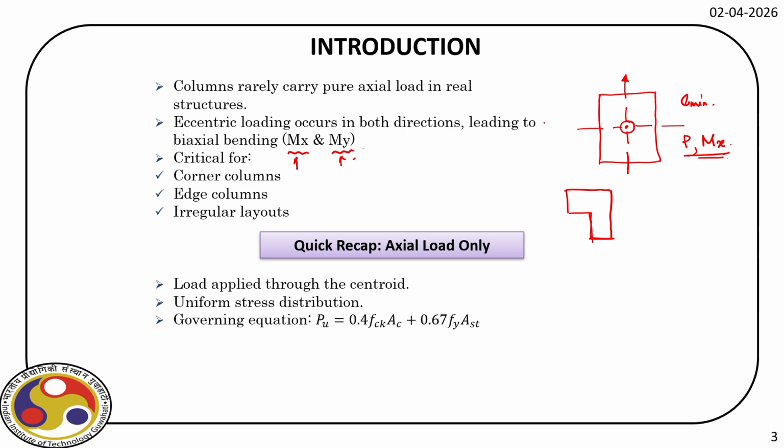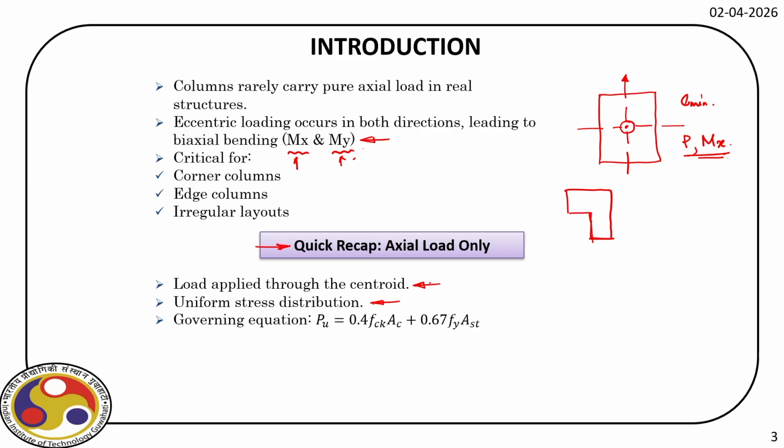Now, before we move into the details of how to design the column with two different moments acting along two orthogonal axes, let us first quickly revisit the axial load only case. Again, we consider, if you recall, uniform stress distribution, and the load passes through the centroid of the section.